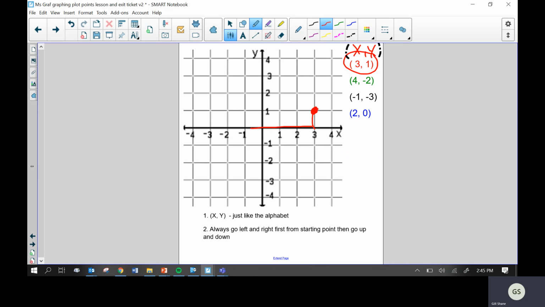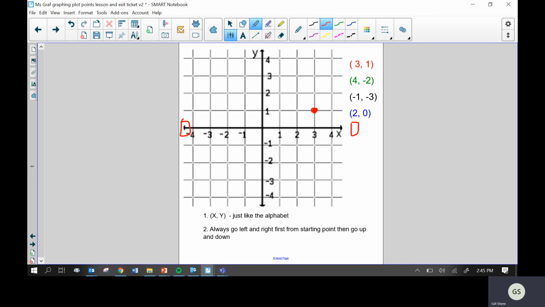Now you don't need these lines that I drew in, you just need the point. And you don't put a point here. This is not 2 points, it's 1 point. You use the x and y together to figure out where to put it. So again, I'm going to just go ahead and put the point right there. I went to the 3 first, left and right first, because that'd be like my elevator being over here and my elevator being over here. So I go left or right first, and then up or down. And I go to +1 because it's +1.